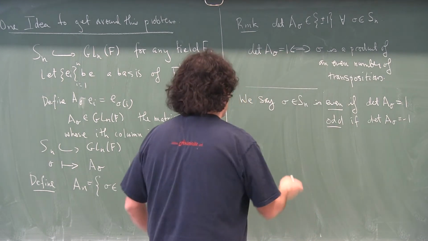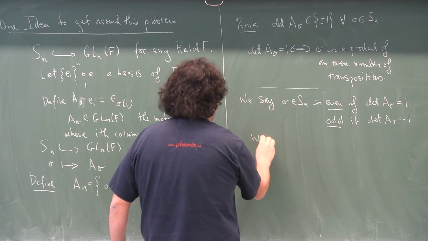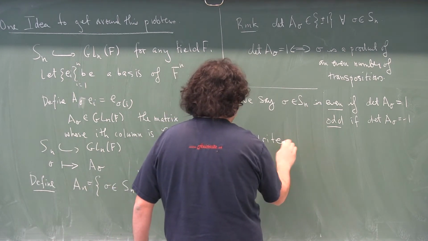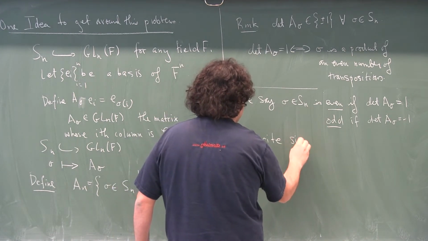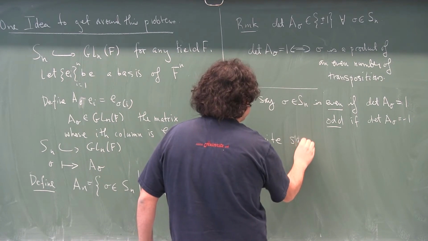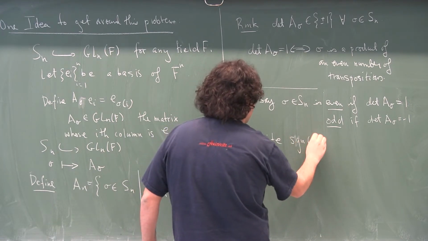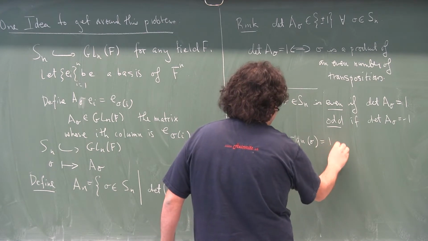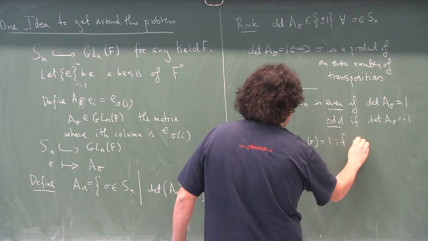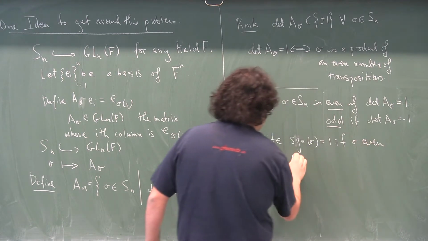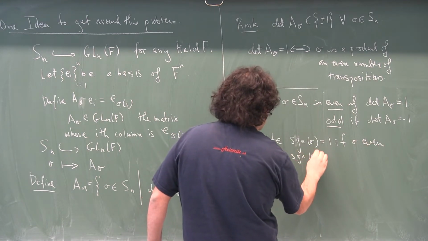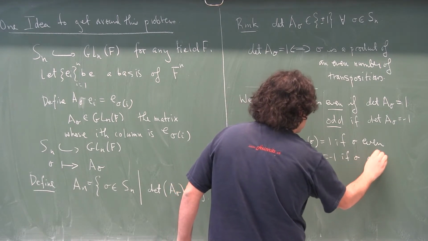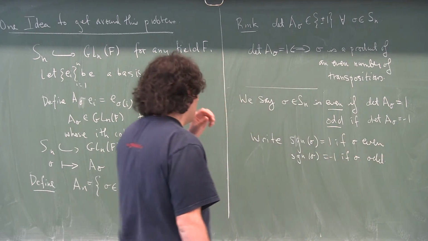And for this reason, we also write sign of sigma is equal to 1 if sigma is even, and sign of sigma equal to -1 if sigma is odd.